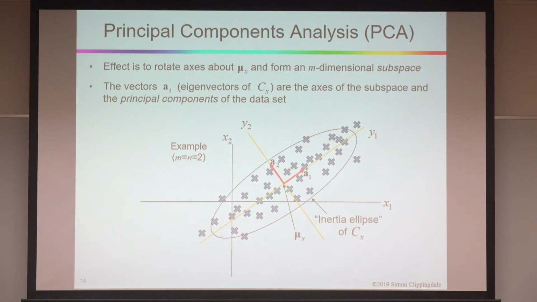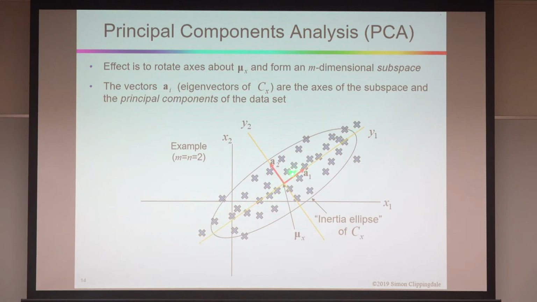If we do the principal components analysis of that, we find that the principal components are A1 and A2 here, and you can see that A1 here spans the longest axis of the so-called inertia ellipse, which expresses the correlation matrix of the original signal, and A2 is the smaller axis, the minor axis of that ellipse.